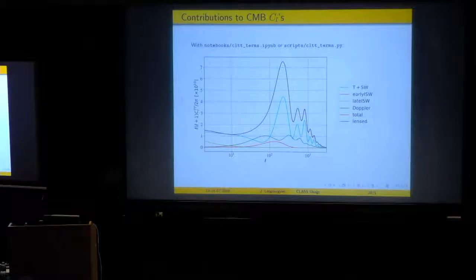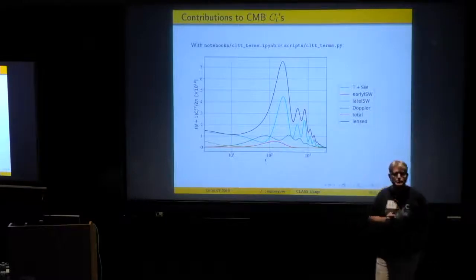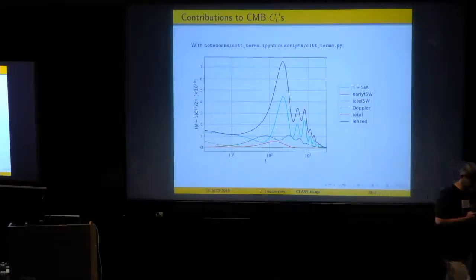Okay, so it can be interesting to show a plot like this because maybe you are going to publish a paper on a new cosmological model which has an impact on the CLs, but you are not completely sure if this impact will be at the level, for instance, of the late integrated Sachs-Wolfe because it's a dark energy model, or at the level of the intrinsic temperature.